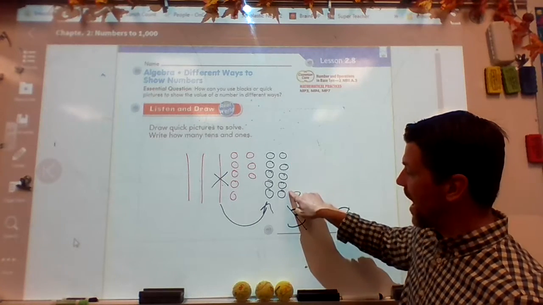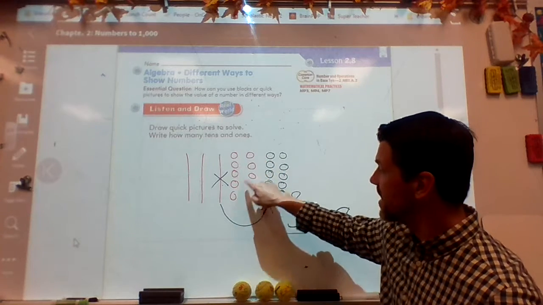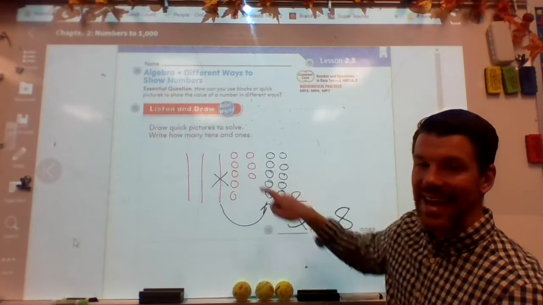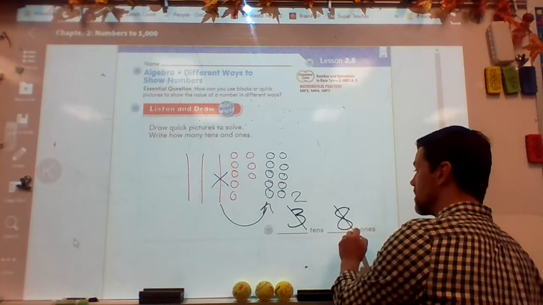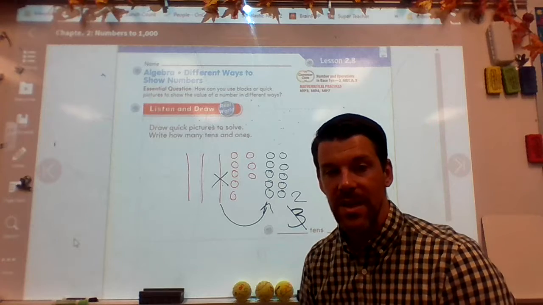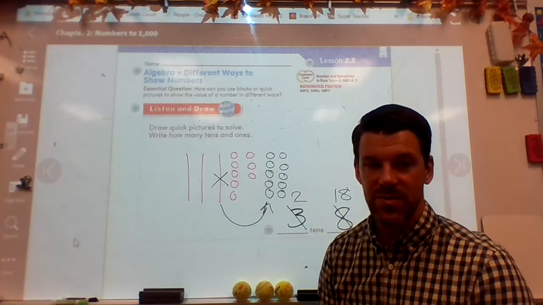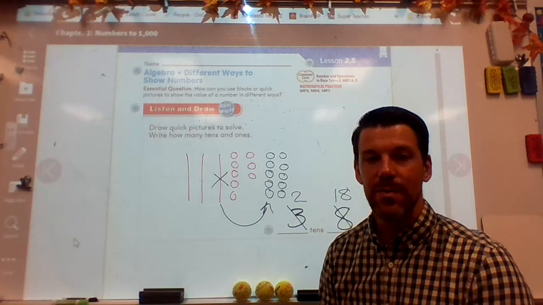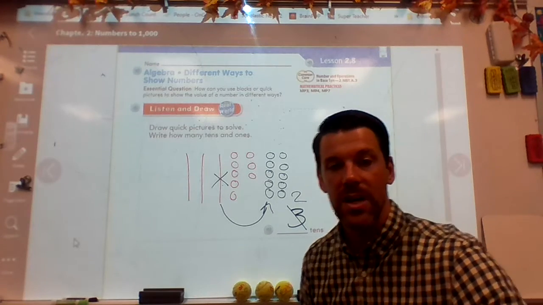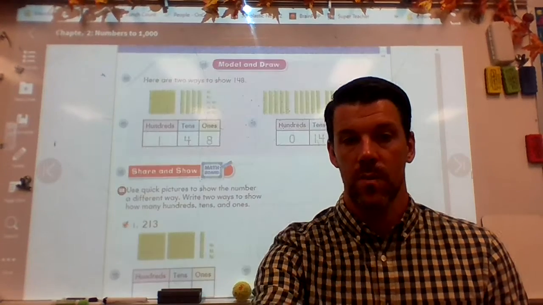We have 5, 10, 15, 16, 17, 18 ones. 18 ones. We're going to be doing this with our 10 sticks and our hundreds squares in a little bit. So keep on watching, and we're going to go on to the next page.